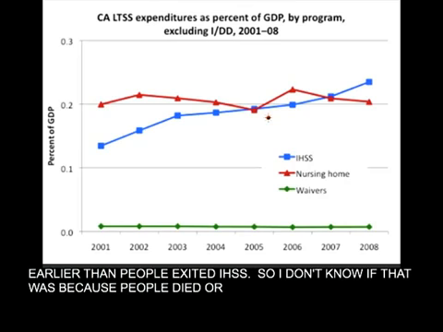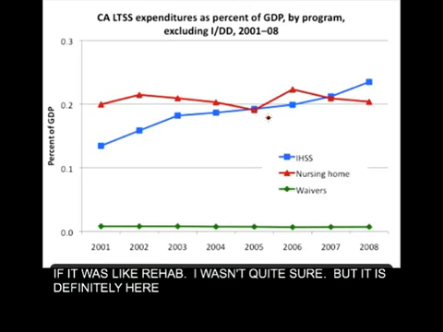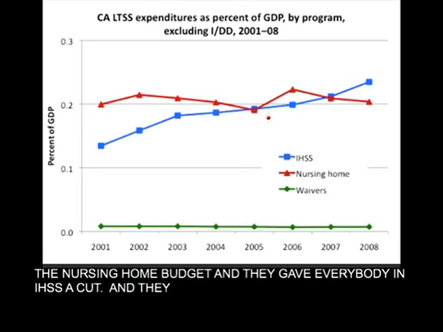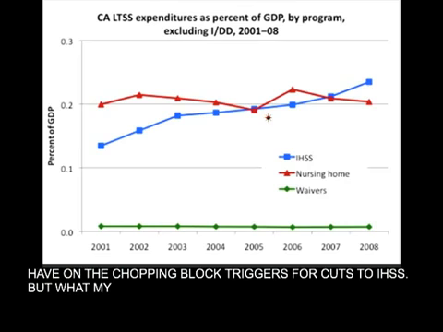I don't know if that was because people died, or if it was like rehab. But there is definitely here in California a bias, because they did increase the nursing homes budget when they gave everybody across the board in IHSS 3.6% cuts.